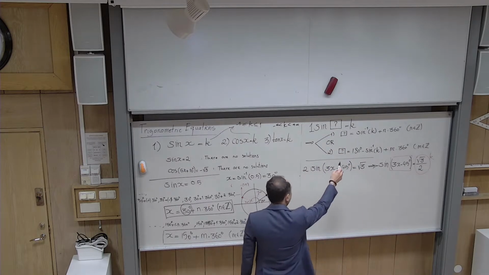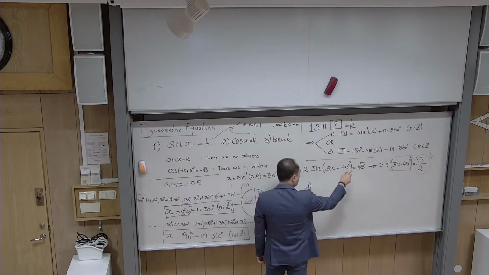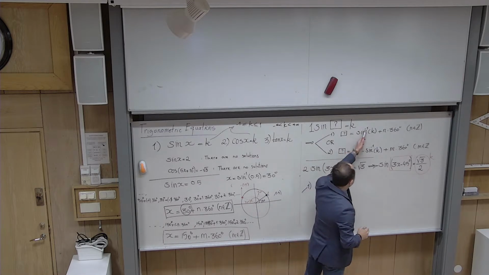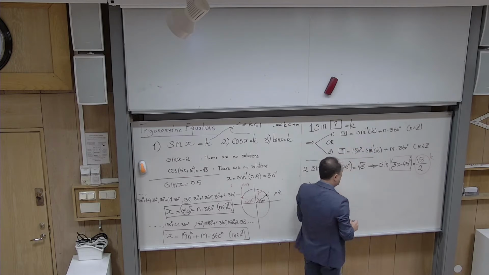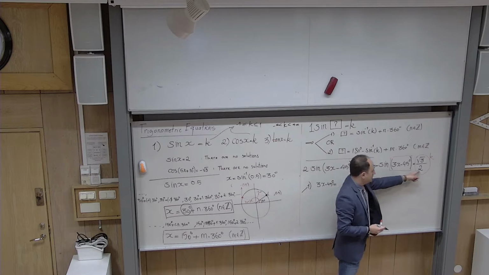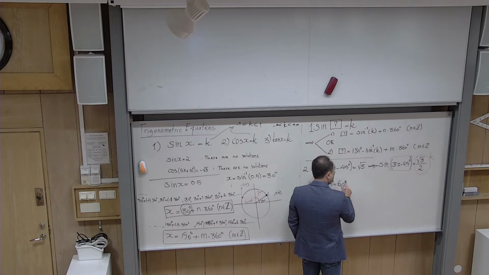So the formula tells me either the box, which is 3x minus 45 degrees, is equal to sine inverse of K. So what is sine inverse of K? Then you need to look at the table. Sine inverse of K is 60 degrees. Then I put 60 degrees here. It's extremely important.